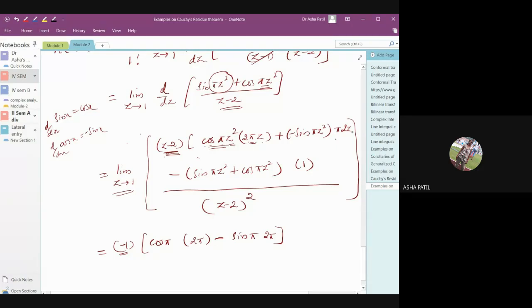I think I have to complete one bracket here. Then minus, the denominator is kept as it is here. Now, if you put z as 1, again you get sin pi plus cos pi divided by 1 minus 2, that is minus 1 whole square.